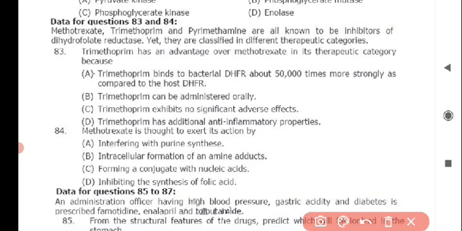So for this statement, the question is, trimethoprim has an advantage over methotrexate in its therapeutic category because, and the correct answer is option A, that is trimethoprim binds to bacterial DHFR about 50,000 times more strongly as compared to the host DHFR. Next question is, methotrexate is thought to exert its action why, and the correct answer is option D, by inhibiting the synthesis of folic acid.